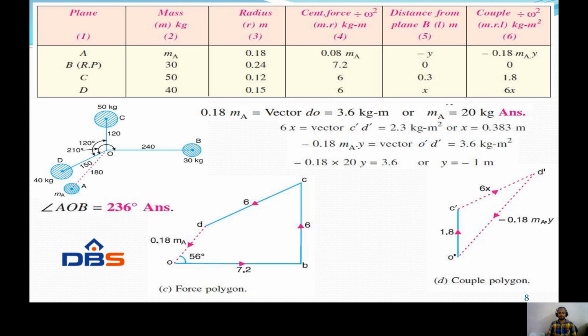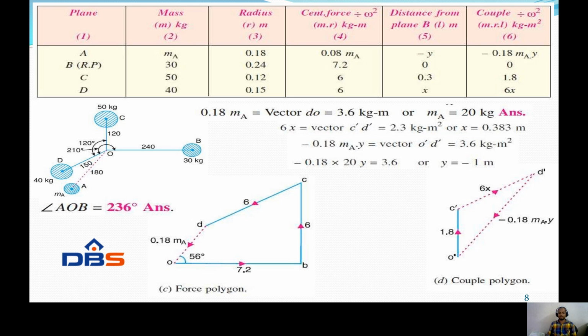We don't know 0.18 MAY, we don't know the 6x, but we know the angle with CD, that is 120 degrees. So just draw an infinite length line at 120 degrees. Since we don't know the value of x, if we knew x we could multiply with the 6 and make up the length, but we don't know the length, only the angle position. So from C dash to D dash, we draw an infinite line with an angle of 120 degrees from C.